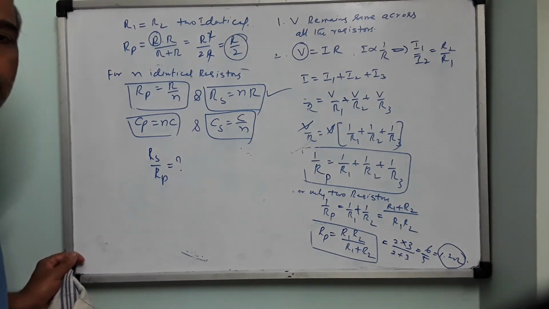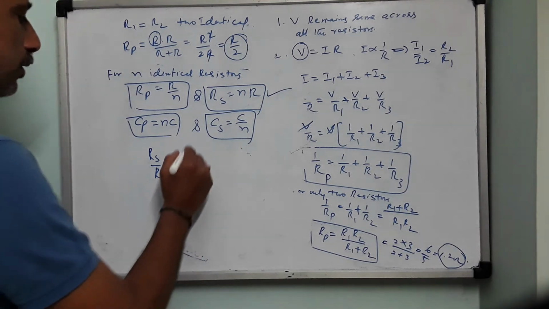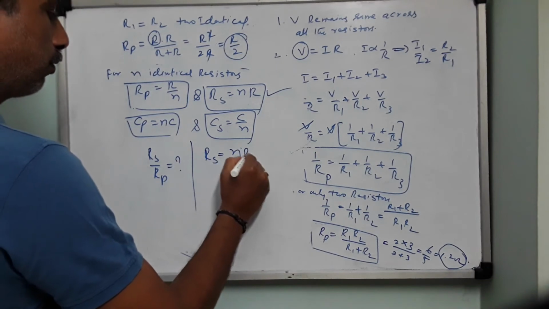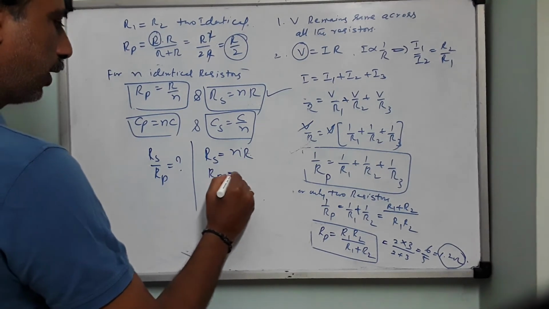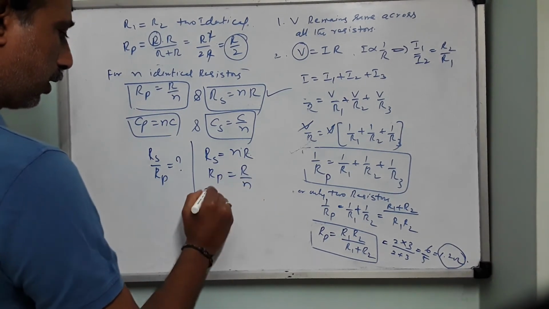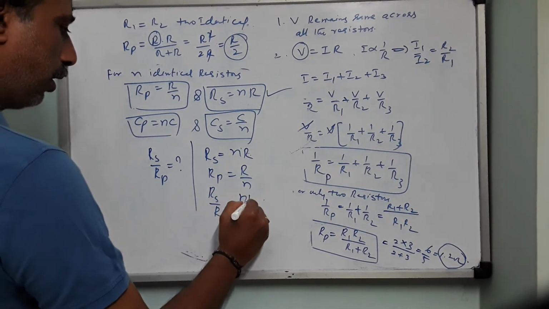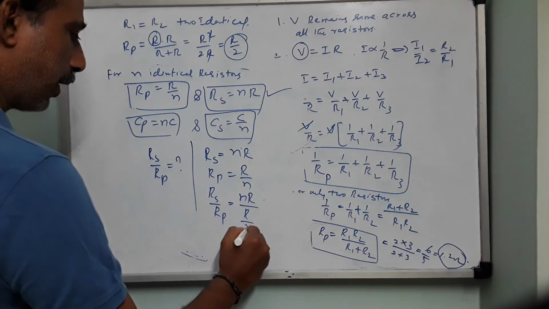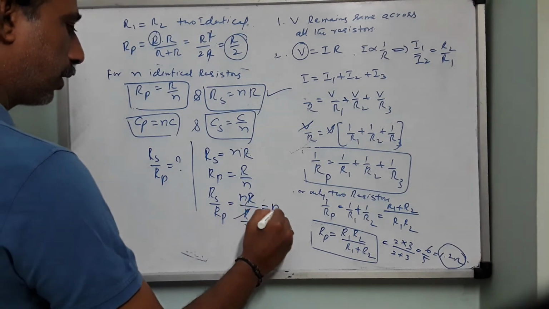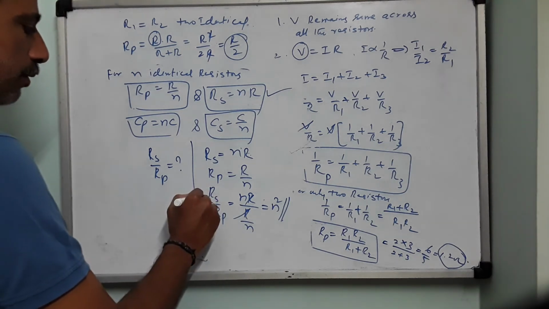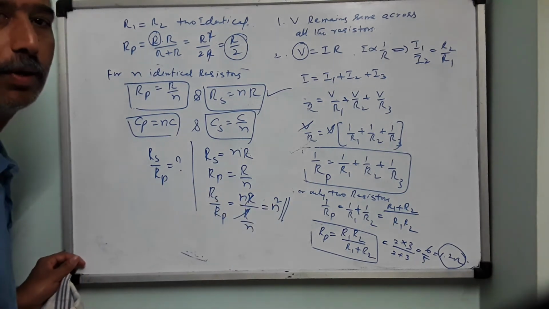What is the answer? For n identical resistors, RS is n into R, and RP is R by n. Take the ratio: R series by R parallel equals n into R by R by n. R gets cancelled and you get the answer n square. If you do R parallel by R series, it will be 1 by n square.